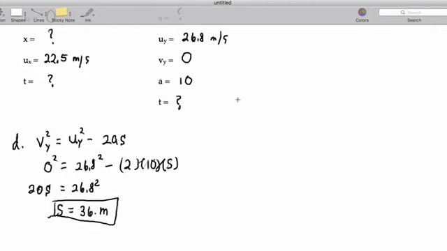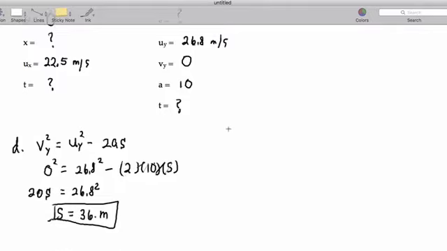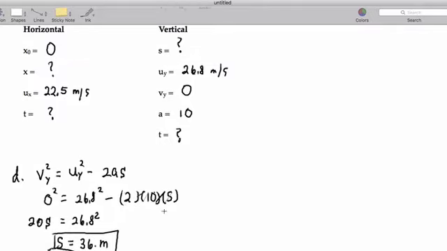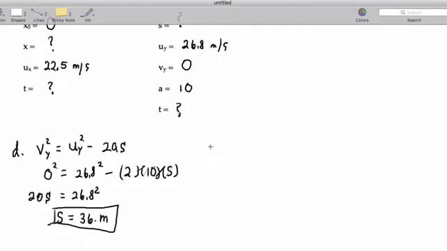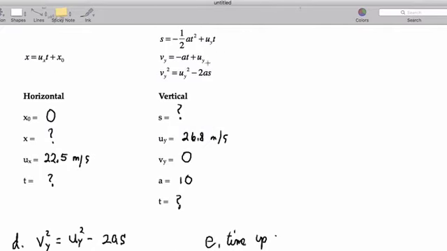Now, one thing I want to be clear on, the time that we get, let's go ahead and actually get the time it spends in the air right now. So for part E, the time up is going to be Vy equals negative AT plus Uy, using this formula here.